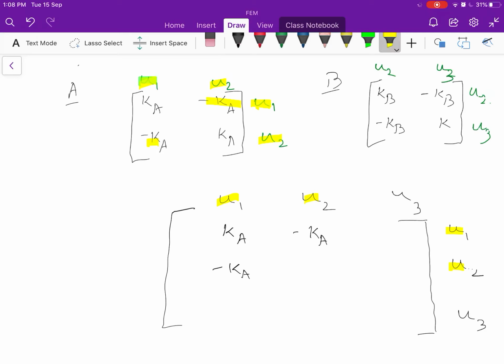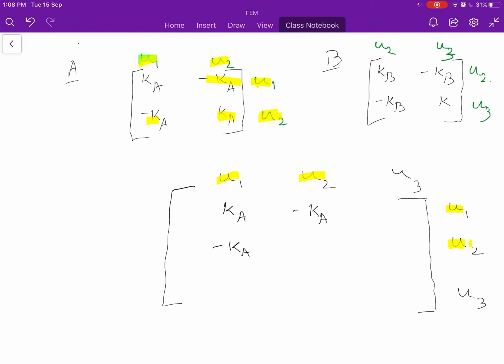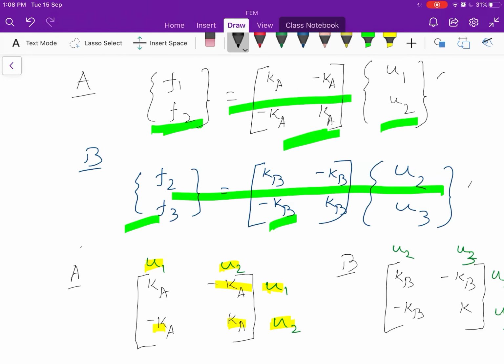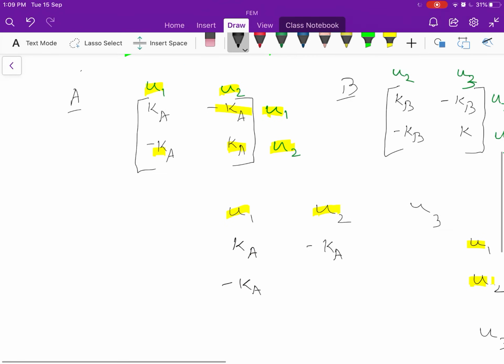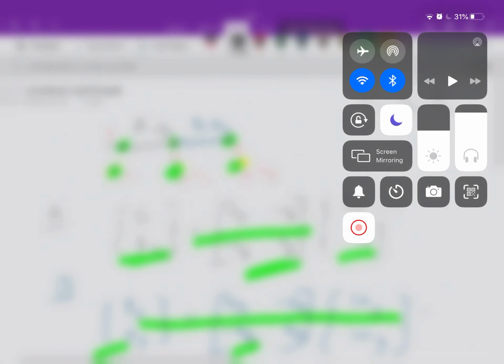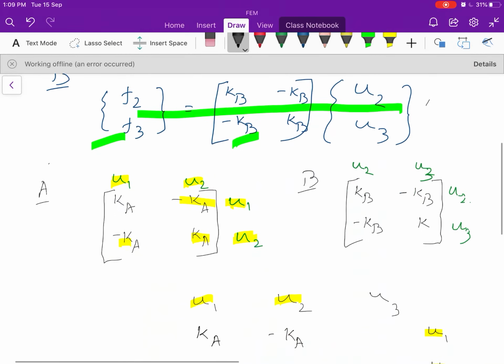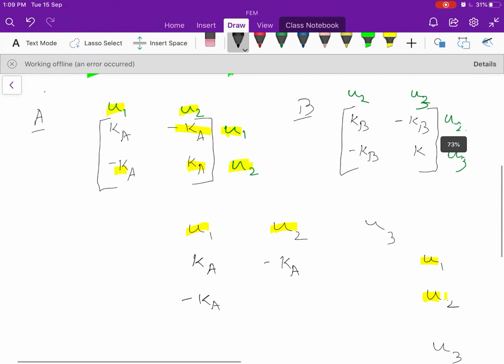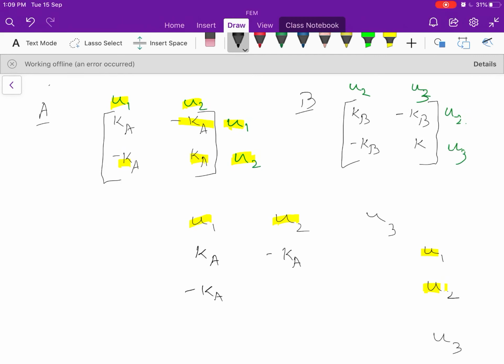Similarly, when we consider U2 and U2 we get Ka.